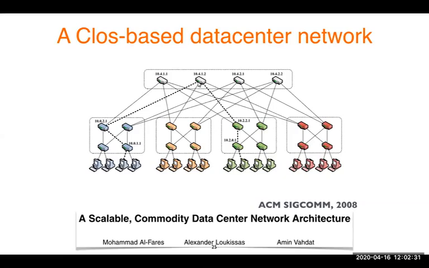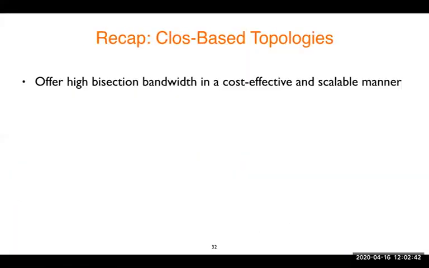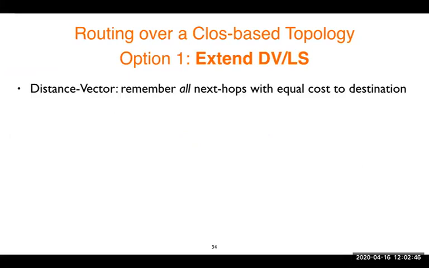This top switch or the next top switch. So instead of breaking a tie based on router ID or whatever, it's just going to remember both of them. That's the basic idea. So a pretty small change to distance vector, but that would allow me to remember both next hops and both paths. Is that clear?